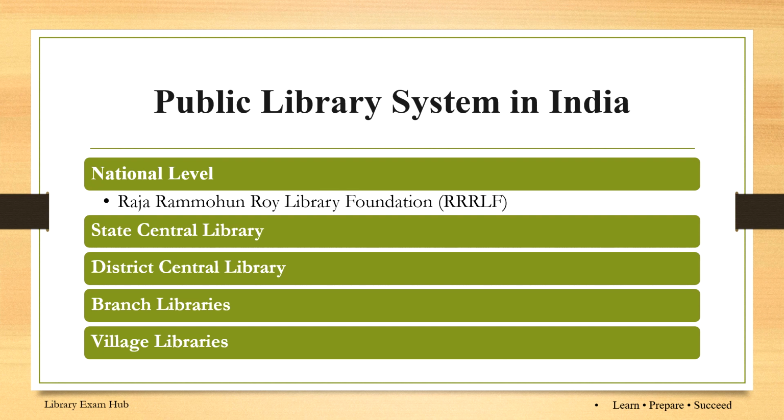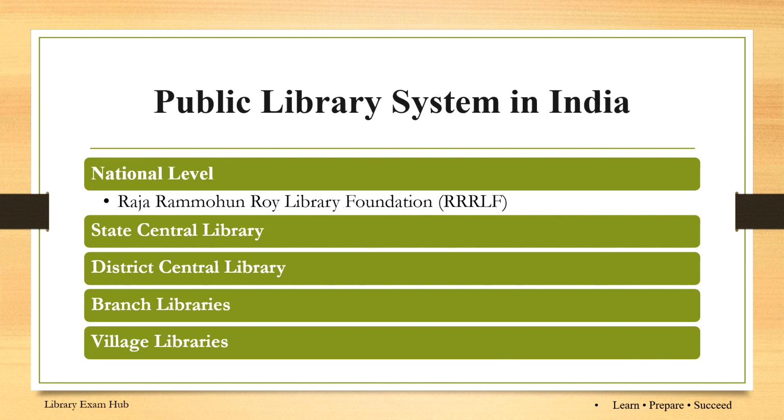At the national level, the Raja Rammohun Roy Library Foundation, RRRLF, supports library development across the country. Each state has a state central library, and the district central library serves district level users.